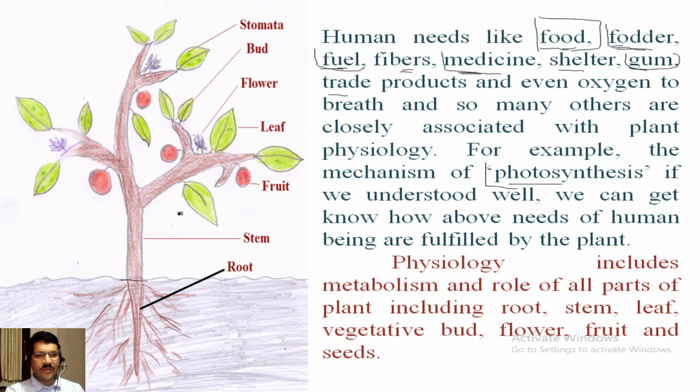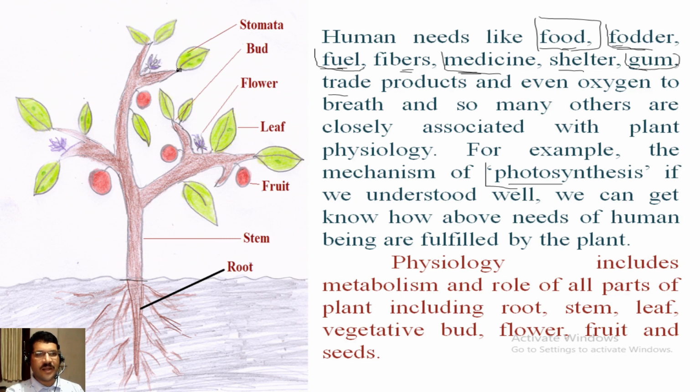Now leaves, you know very well, leaves are very important organs of the plant because they contain chlorophyll pigments and they produce food. The food which is produced by the leaves is again supplied to different parts of the plant, including fruits, flowers, stem, root, etc. These leaves contain stomata and they will take CO2 and trap sunlight and produce their own food in the form of carbohydrates.